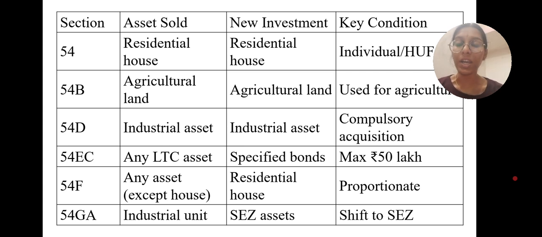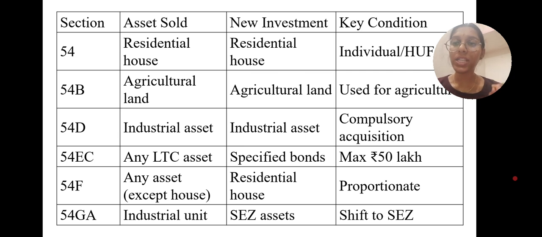Section 54EC is for long term capital assets: the amount from the sale of long term capital assets should be invested in government notified specific bonds, and the maximum limit is 50 lakh rupees. Section 54F is for any asset other than a residential house, and the capital gain should be utilized only in purchasing or acquiring another residential house, and the key condition is proportionate, dividing the capital gain in proportion.